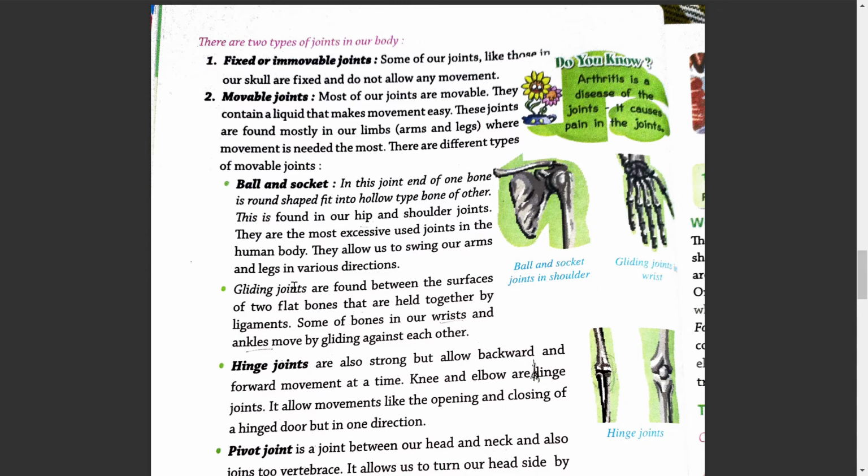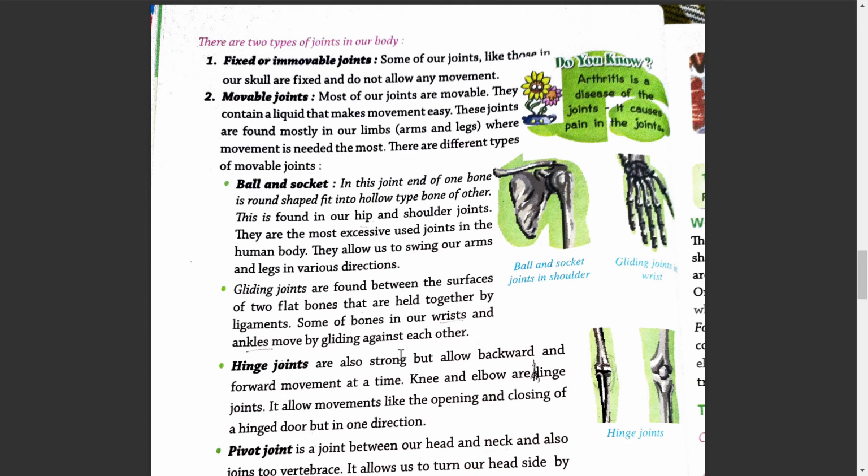Next come gliding joints. Gliding joints are found between the surfaces of two flat bones that are held together by ligaments. Some of the bones in our wrist and ankles move by gliding against each other.